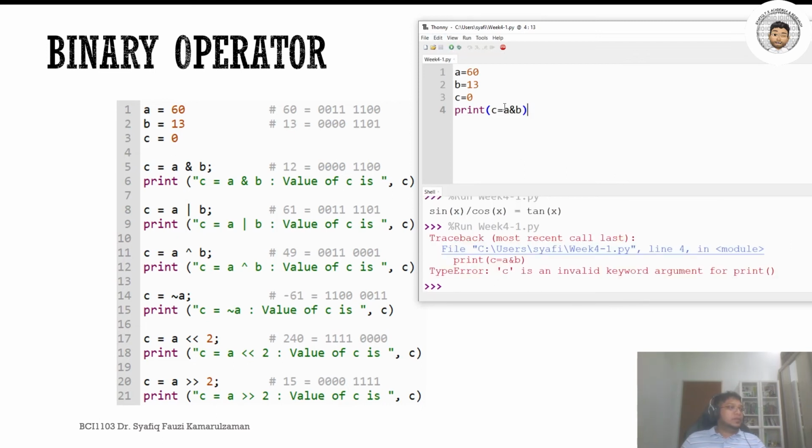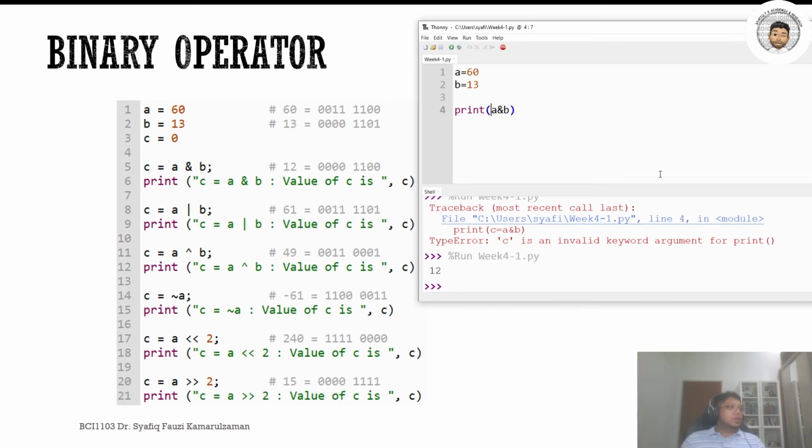C is not a valid keyword argument for print. Let's just remove this. A and B, so you got 12. How you got 12 here is because of the binary that I mentioned before. A and B will become 12. And then next we have print A or B.